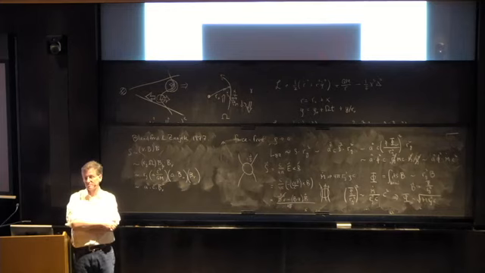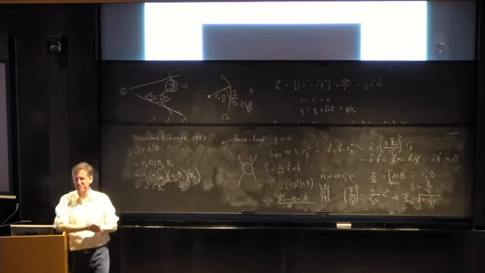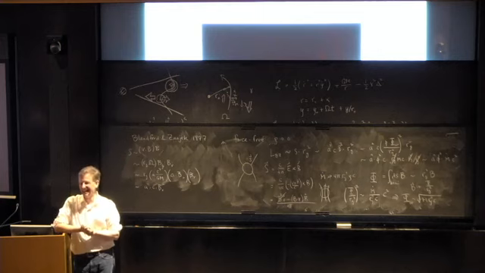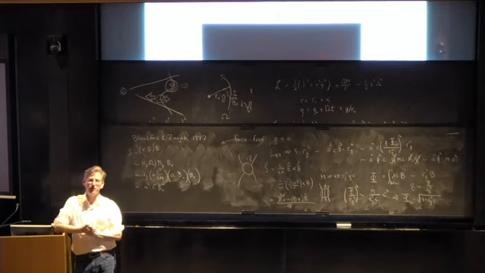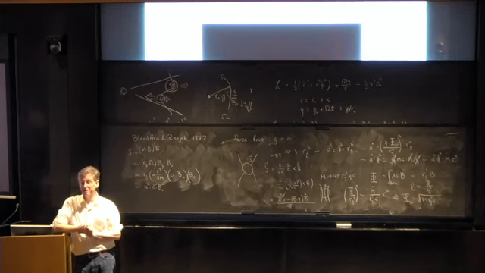In the EHT results, they seem to assume an alignment between the jet and the spin. Do you have a problem with that? Yeah, so that's because the tilted models are really expensive and not yet fully understood.